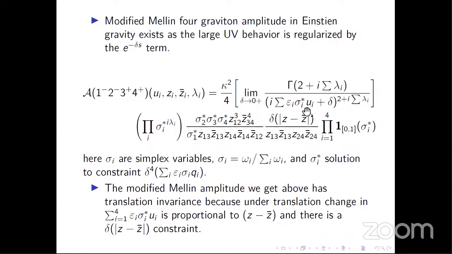So here we see that under translation, u and z are mapped to themselves, and this is the only u factor we have, and this remains invariant under translation because the change in it is proportional to z minus z bar, and there is a delta z minus z bar constant.